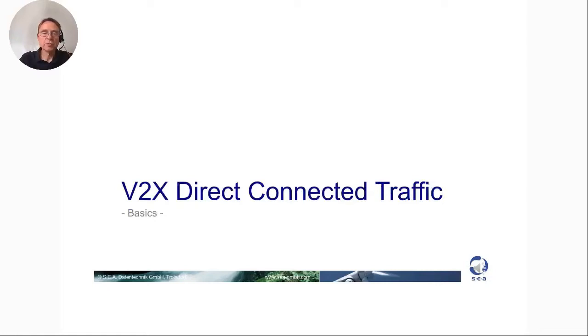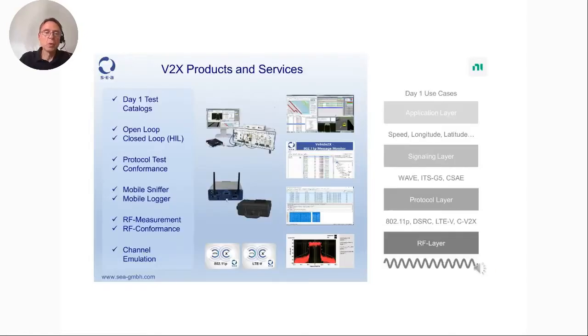That should be good enough for the introduction of the company. Now moving over to V2X direct connected traffic. One of the specifics of V2X, which is probably known to every one of you, is that V2X is about direct communication independent of DSRC or 802.11p, which is a difference between V2X and mobile networks. So what do we do? Our goal and our portfolio now cover the full range of V2X testing.